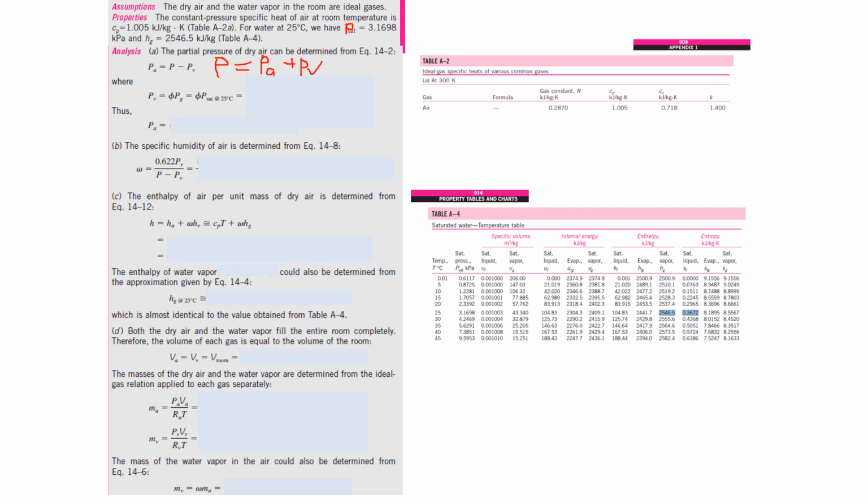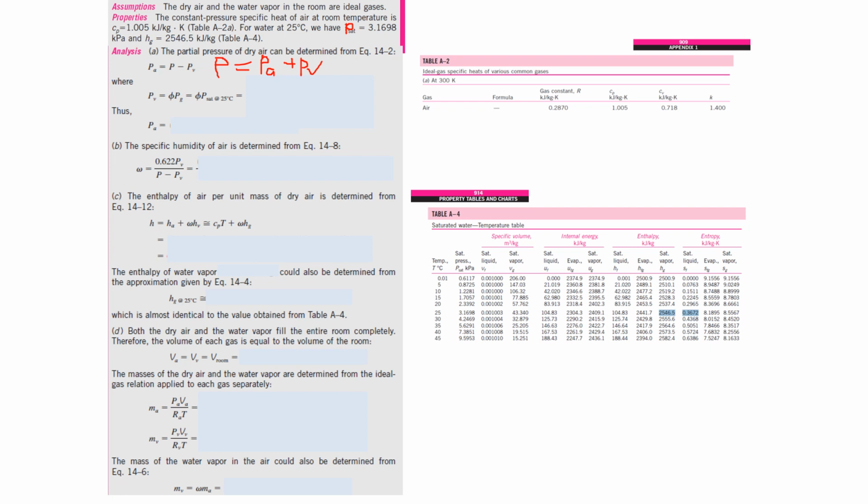All right. Because this is the first formula that you can obtain from Dalton's law, you can also find your partial pressure of water vapor based on the definition of humidity ratio or relative humidity. So that is PV over PG.